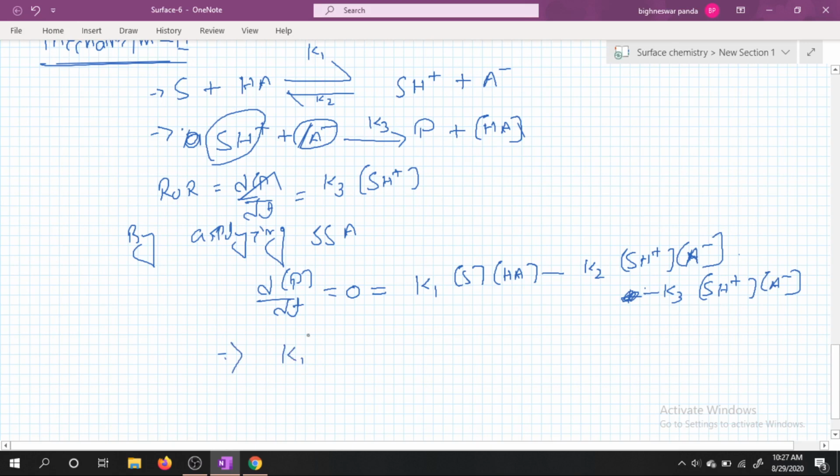So here K1 S HA equals SH plus A minus times (K2 plus K3).